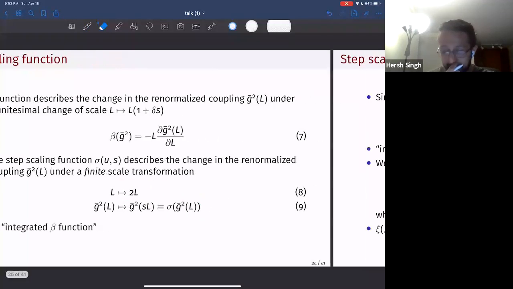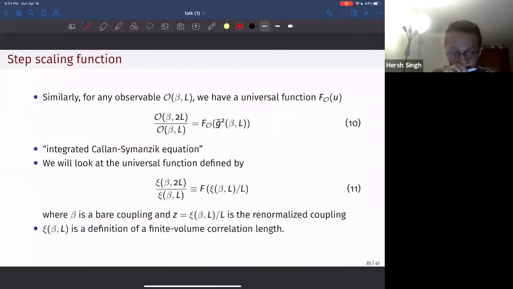Okay, so just like you have an integrated beta function, you also have integrated Callan-Symanzik type equations, where you can ask what happens to a given observable if you change the scale by a finite amount.